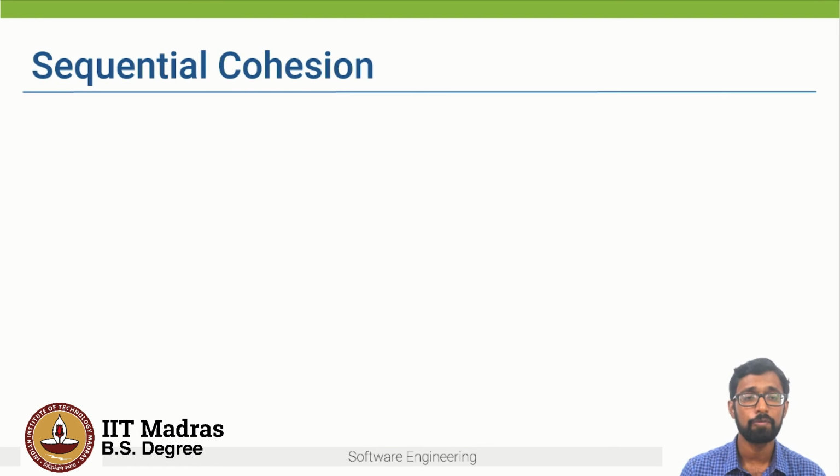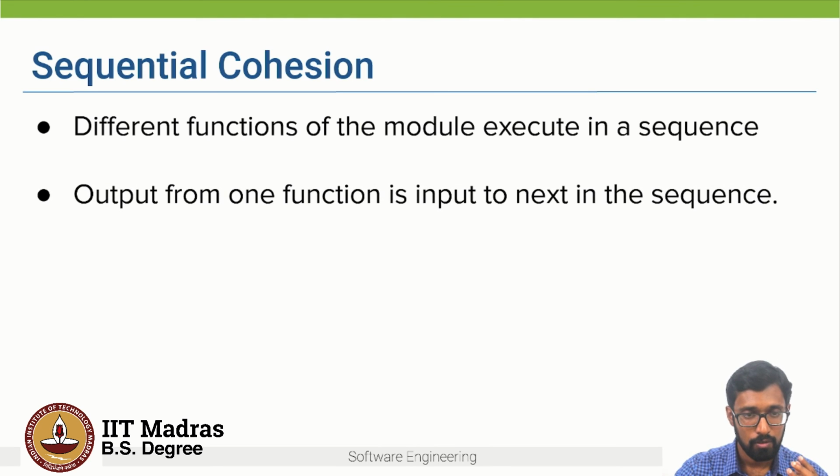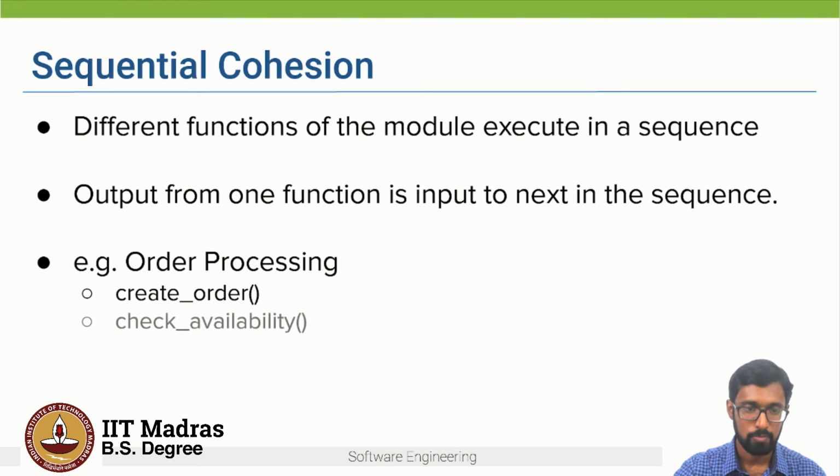Now the next type of cohesion is sequential cohesion. What does this mean? As the name suggests, different functions of that module execute in a sequence. Let's take the example of order processing. How do you process an order? You first create an order, and then you check the availability of that order.